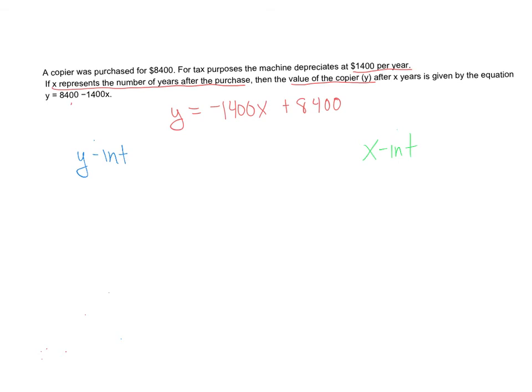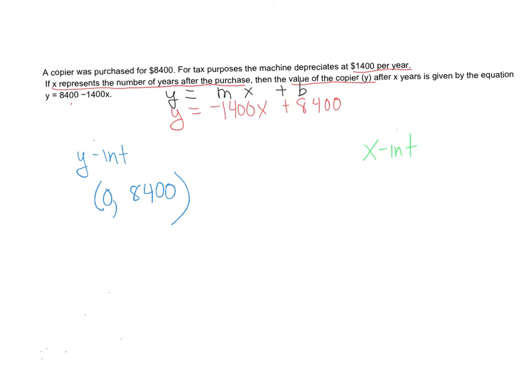And the y-intercept is super easy because if you look at the equation, it is actually in that y equals mx plus b form. And so the y-intercept is actually the point 0, 8,400.